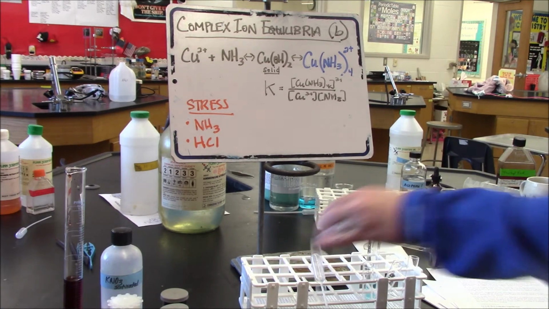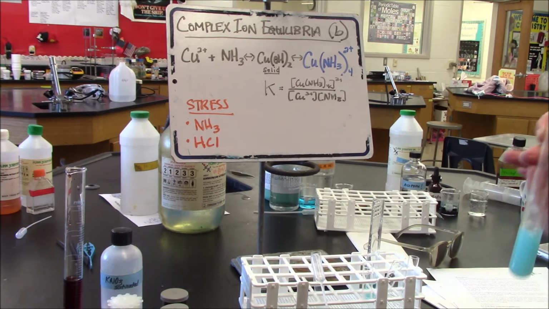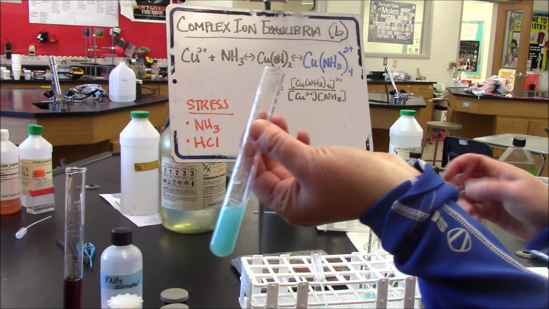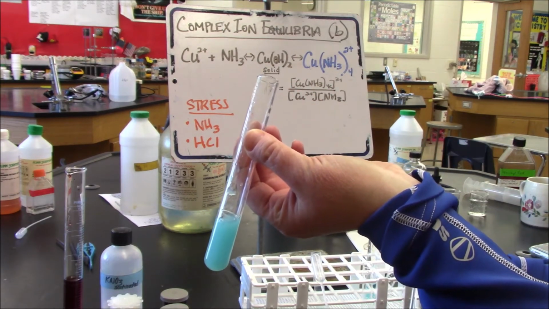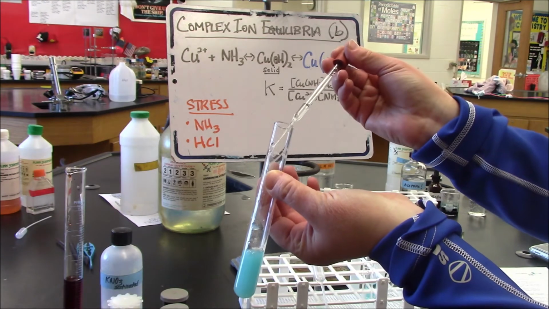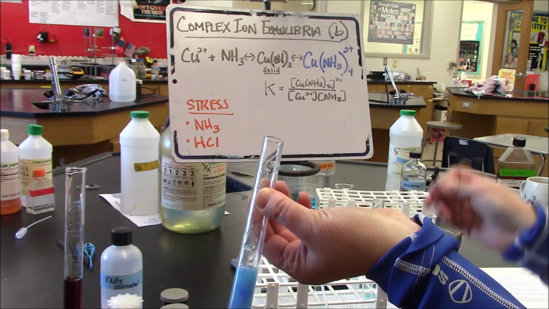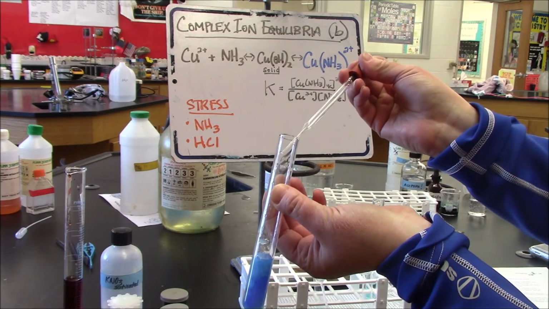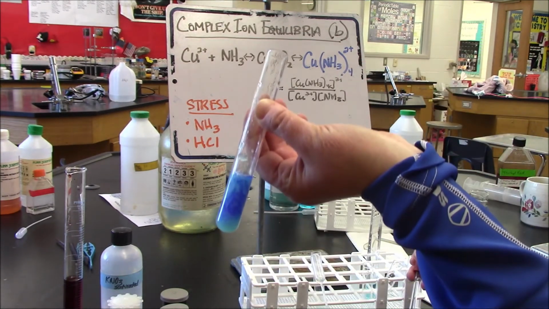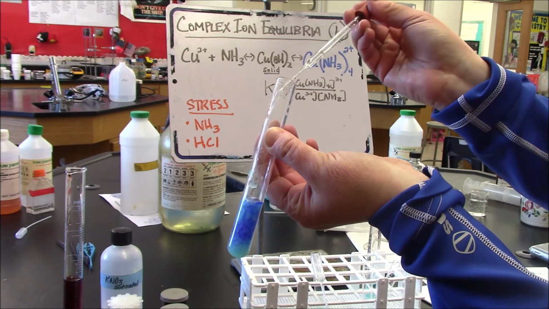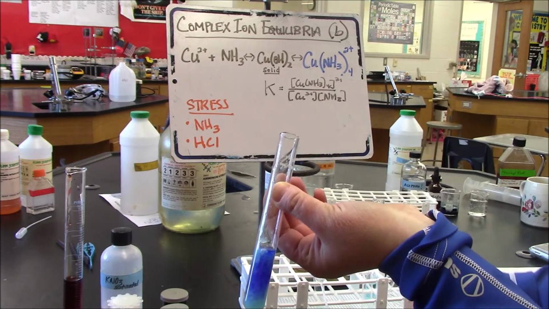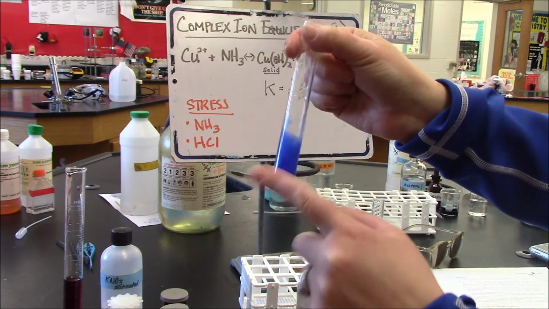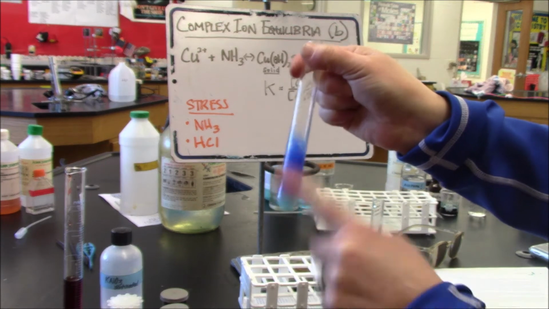Okay. I'm going to continue adding my concentrated ammonia. I want to add an excess, so I'm going to keep adding this. And you can see that as I add it, I am getting the formation of the complex ion, but it needs to be in excess.